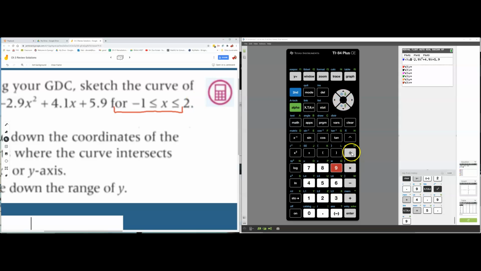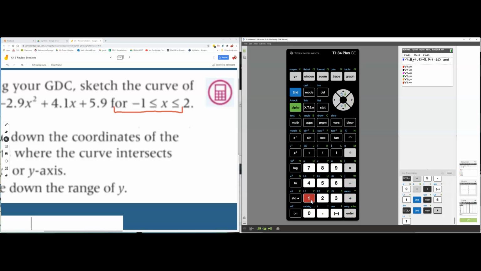So I'm going to go divide and then parentheses. Okay, -1, and then to find the less than or equal to, I go second math, number 6, less than or equal to x. And then to put the word and, I go second math, logic, go over to logic and pick number 1.